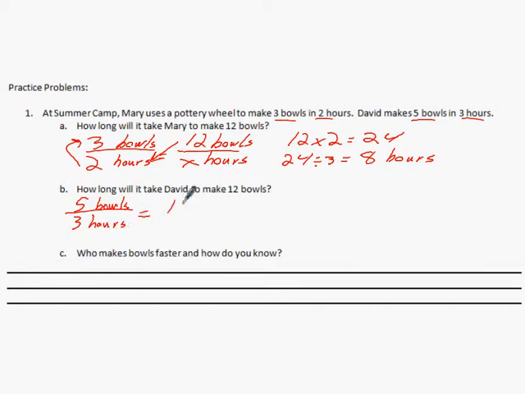And we want to know how long it takes him to make 12 bowls. X hours. 12 times 3 is 36. Divide by 5. 36 divided by 5.